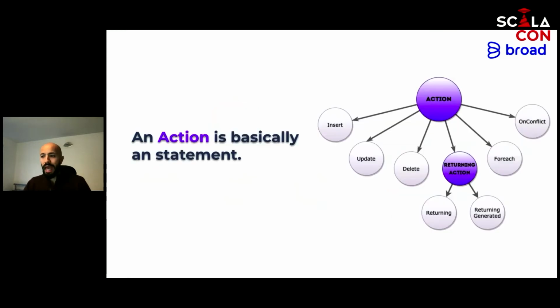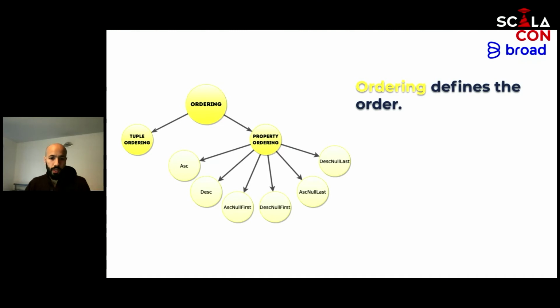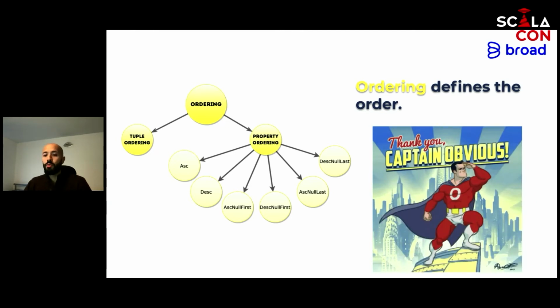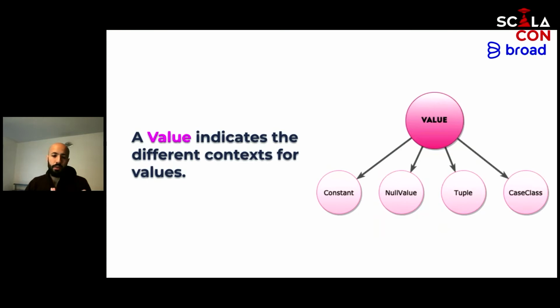The concept of action is basically a statement when you're inserting, updating, deleting, and whatnot. We have the concept of ordering, which represents order, obviously. We have as well the idea of a value, which is an indication of a value in a specific context for the tool in general.